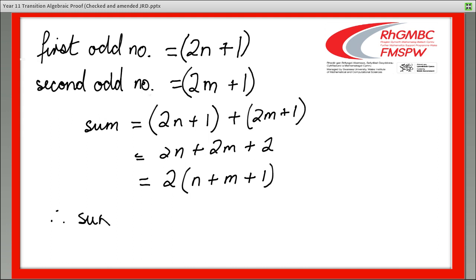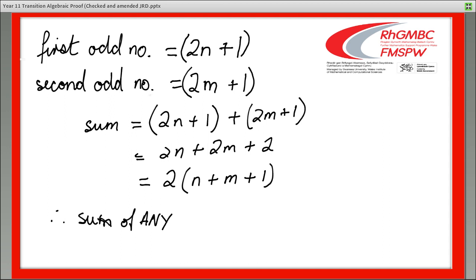sum of any, and I'm putting that in capitals because I've proved it there beyond a shadow of a doubt for every single odd number in existence. So irrespective of what you choose for n, irrespective of what you choose for m, you will always have two odd numbers added together giving an even total.